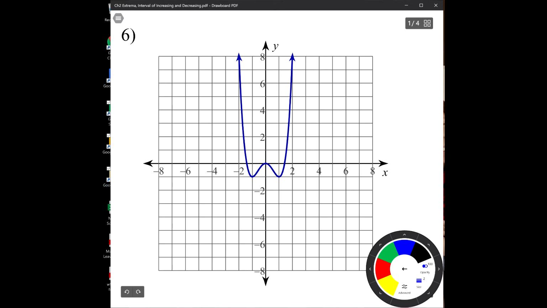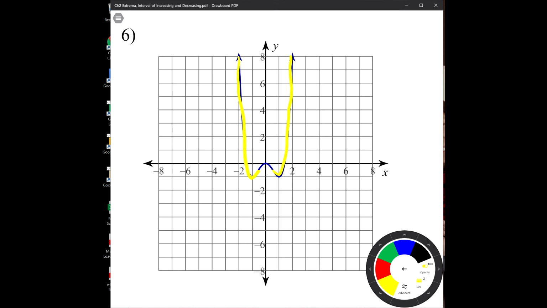Okay, next we talk about concave up, concave down. So concave up, I see this part right here is concave up, and right here. I cannot go all the way right here, because when I go to this part, it's already concave down. So therefore we just stop half of it right here.